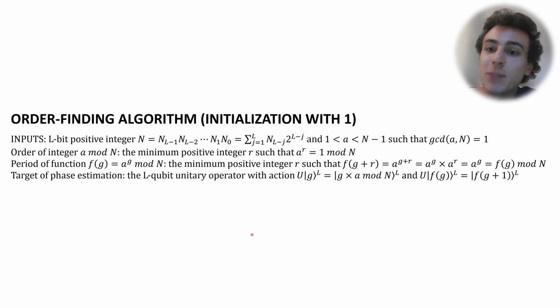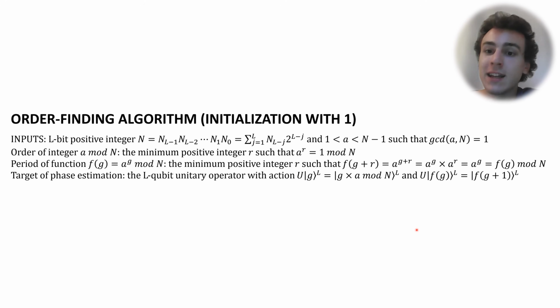And a to the g plus 1 is the same as the function evaluated with the input g plus 1. So we can just put g plus 1 as the input of the function, and that's the same as taking the positive integer a and then raising it to the power of g plus 1. And keep in mind that this is again mod n. So we're dealing with modular arithmetic. So these are two different ways of defining this unitary operator. So we have defined the action of this unitary operator that is the target of phase estimation.